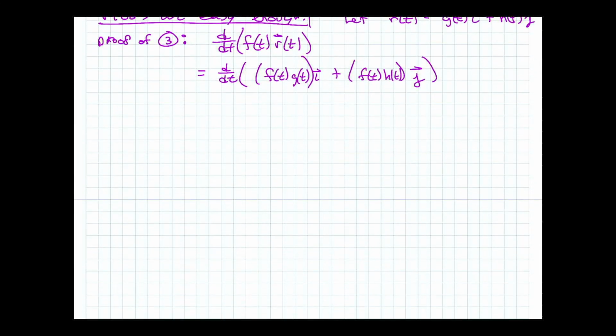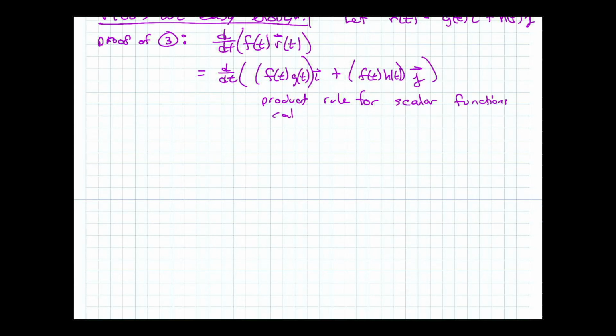Then you would take this derivative, but you do it term by term, right? So you need this derivative and this derivative separately. When you do this derivative, you'll use the product rule for real functions, for scalar functions is how I should say that.